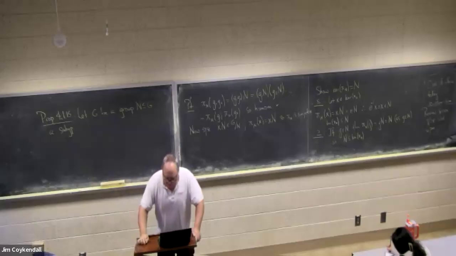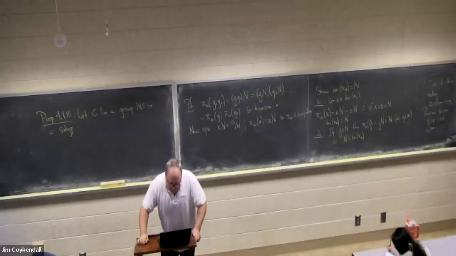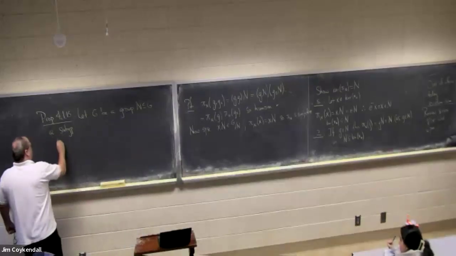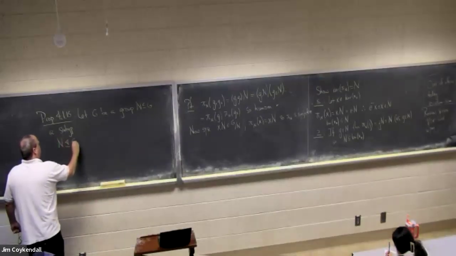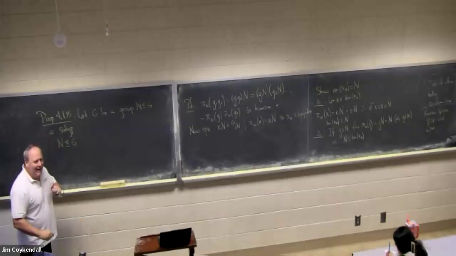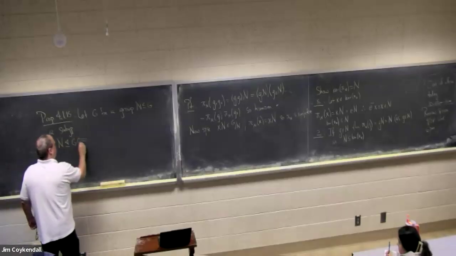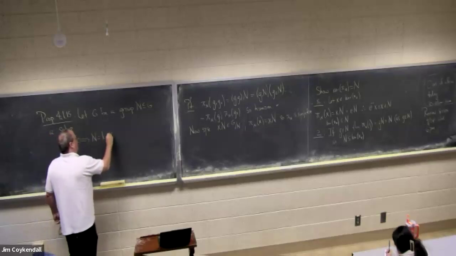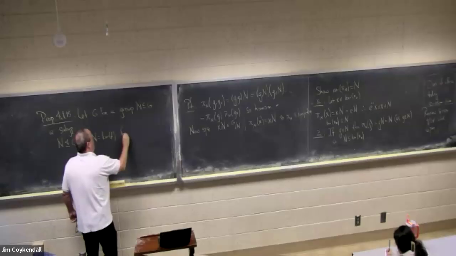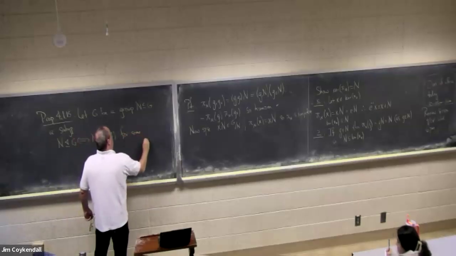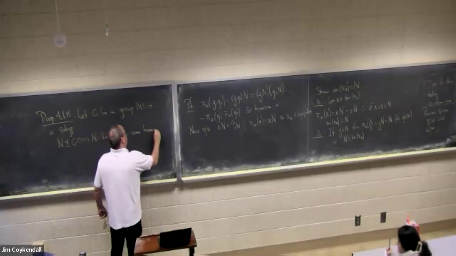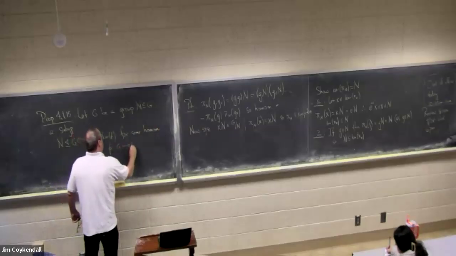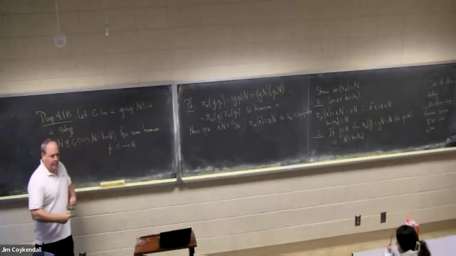This is an interesting characterization of what it means to be normal. N is a normal subgroup of G if and only if N is equal to the kernel of phi for some homomorphism phi from G to H, where H is some other group.